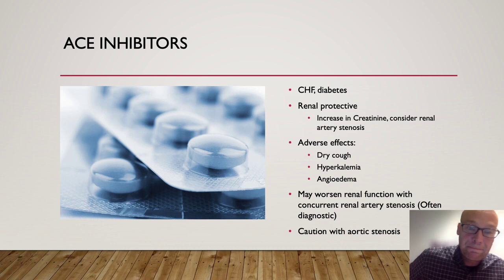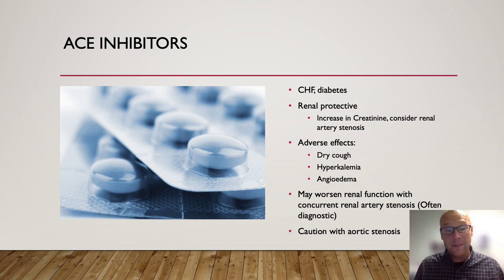So really watch that. Several times in my career, I've actually seen angioedema from this as well, and it's very prominent. You typically see it right around the lips. The lips will just swell up, and that's one thing to really watch out for.